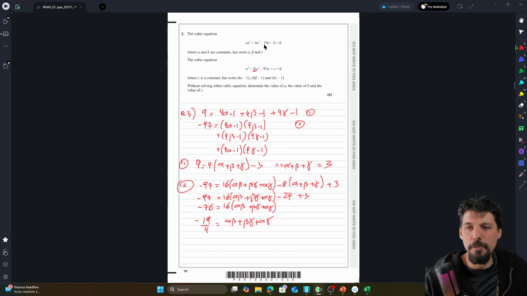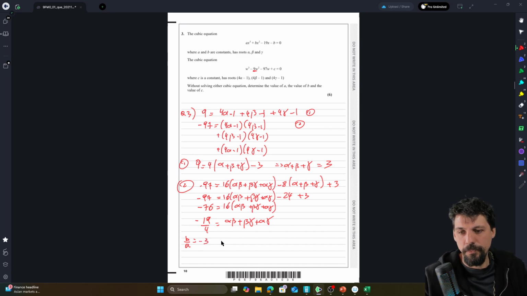All right, and then we can go back to the top equation up here. Now, we know from the top equation that B over A is minus the sum, is minus 3.